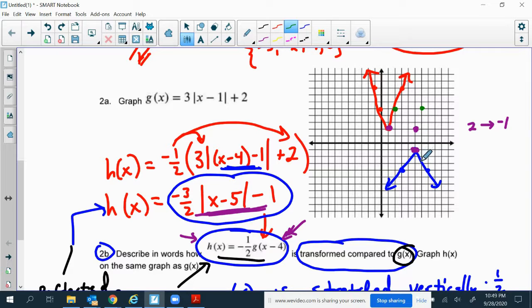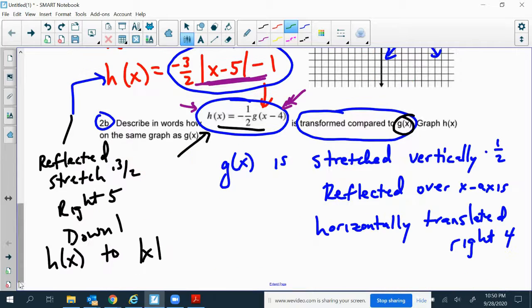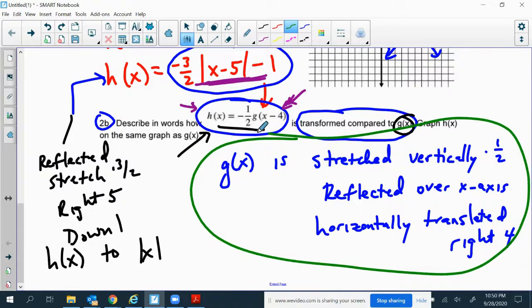I'm now at -2.5, which is miraculously on the line. If I take this point and move it to the right 4, and then multiply it by -1/2, I was at 8. I'm now at -4, and that is also on the graph. So if all I do is exactly what I described from g to h, I will end up getting the exact same graph that I wanted.